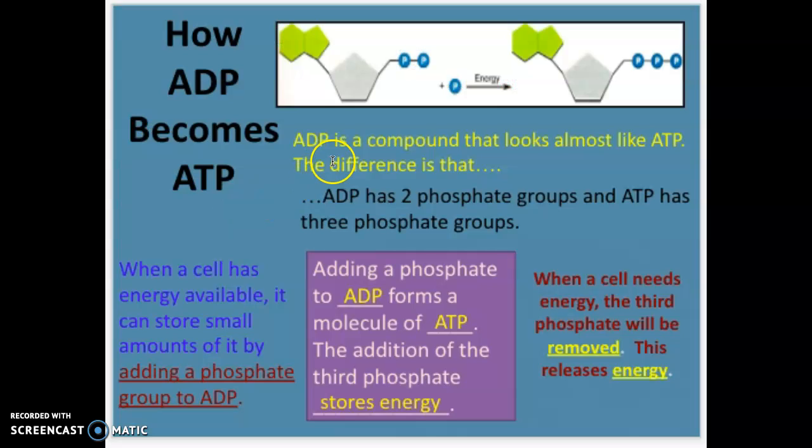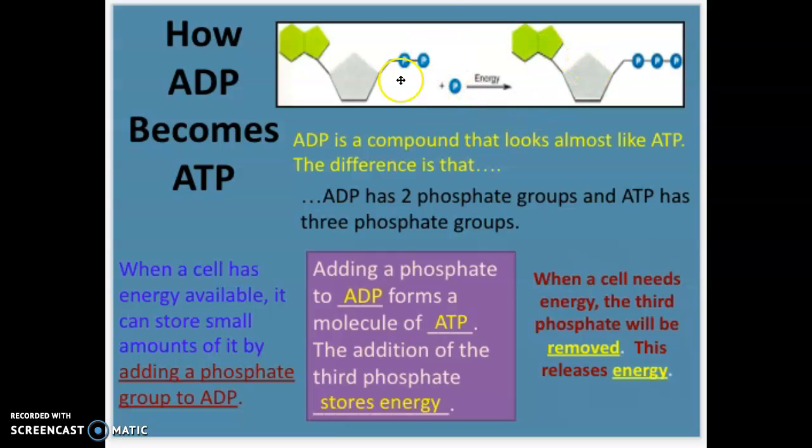All right, so ADP is a compound that looks very much like ATP, except it only has two phosphates. So it stands for adenosine diphosphate. So there's only two. Energy is added by bonding on this extra phosphate group.